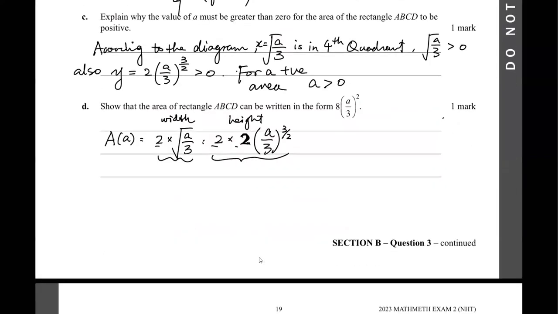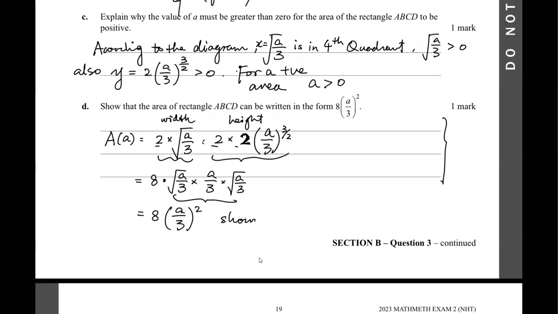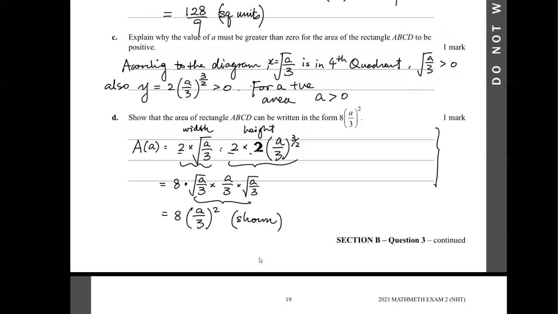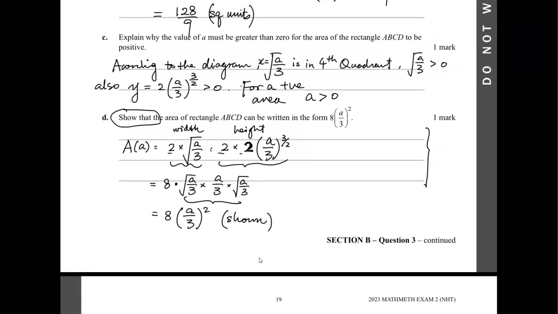The paper provided the students 3 lines. So you expect 1 line of formulation, 1 line of working. Combining these together, that will be 8 times (a over 3) squared. And that's shown, okay? For show-that questions, try not to skip steps or assume steps.